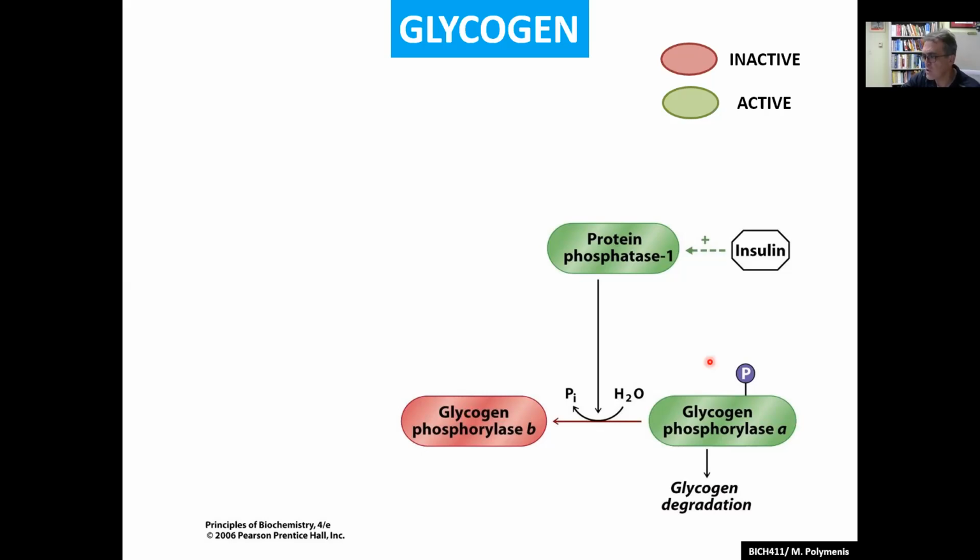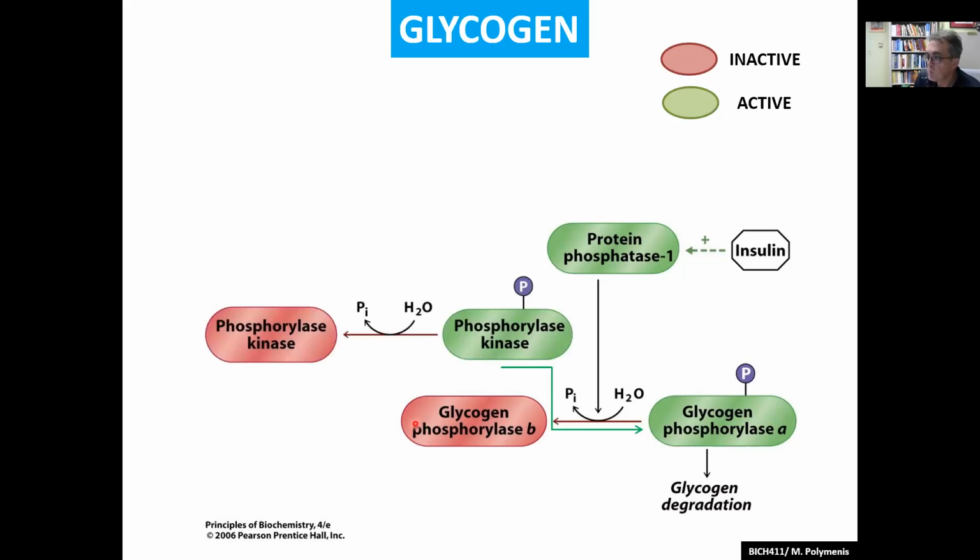We just saw in glycogen synthase, if that enzyme is phosphorylated, it is off. Here, if the glycogen degradation enzyme is phosphorylated, that is what turns the enzyme on. So by removing this phosphorylation, protein phosphatase erases the activation of this enzyme and converts it to an inactive form, right?